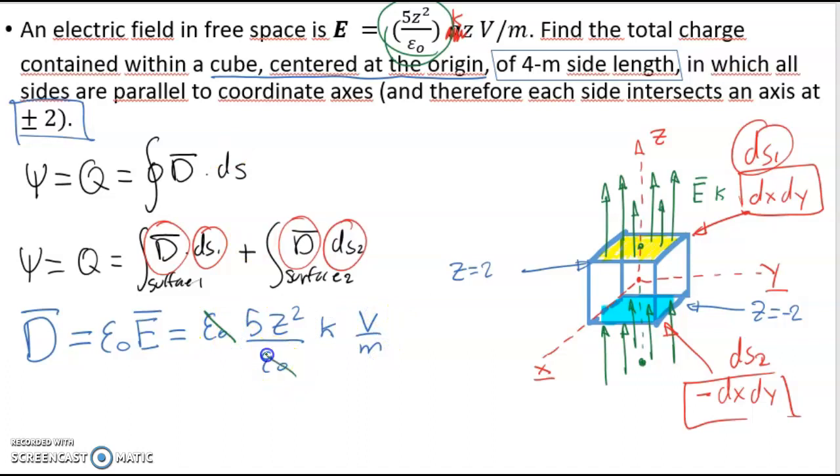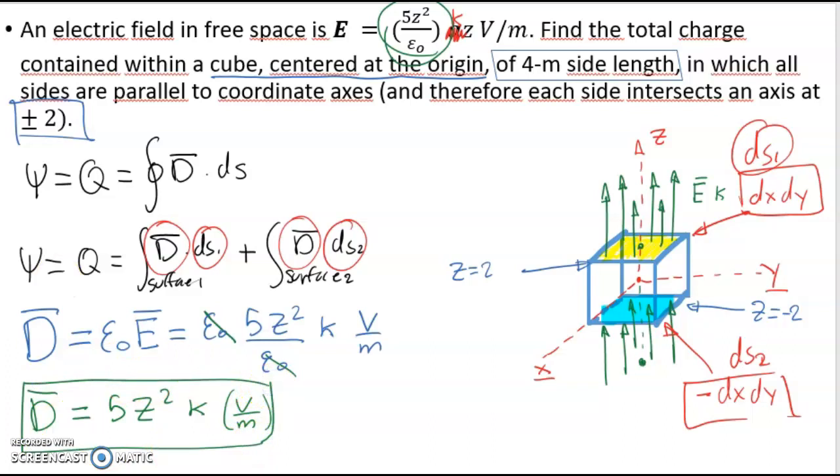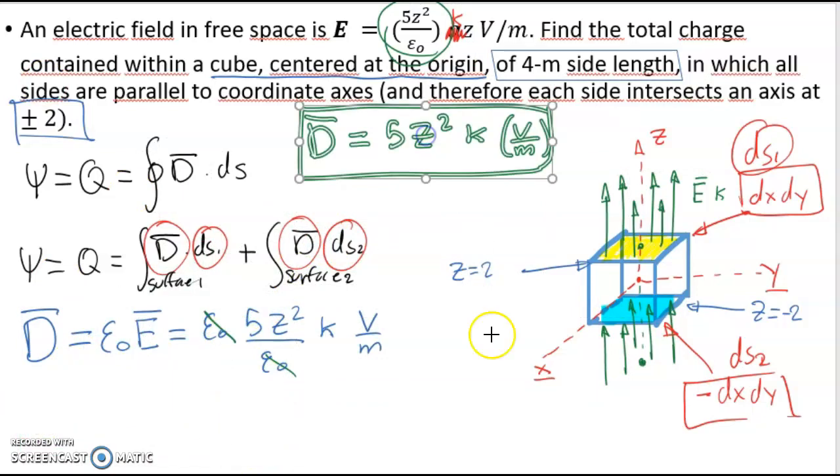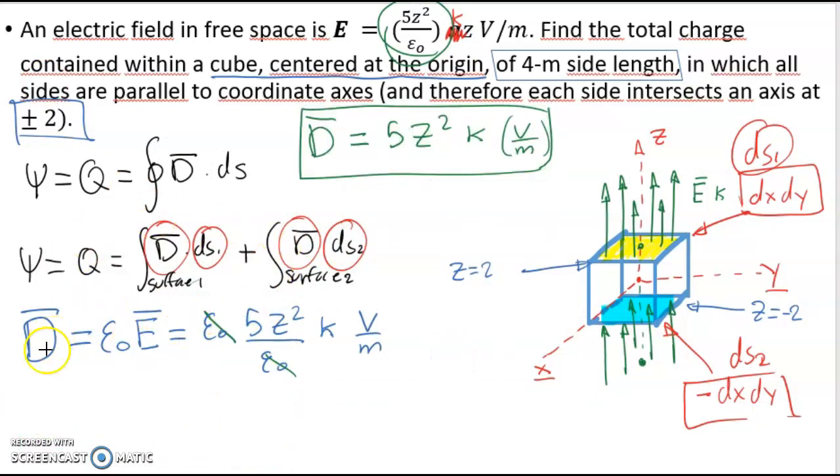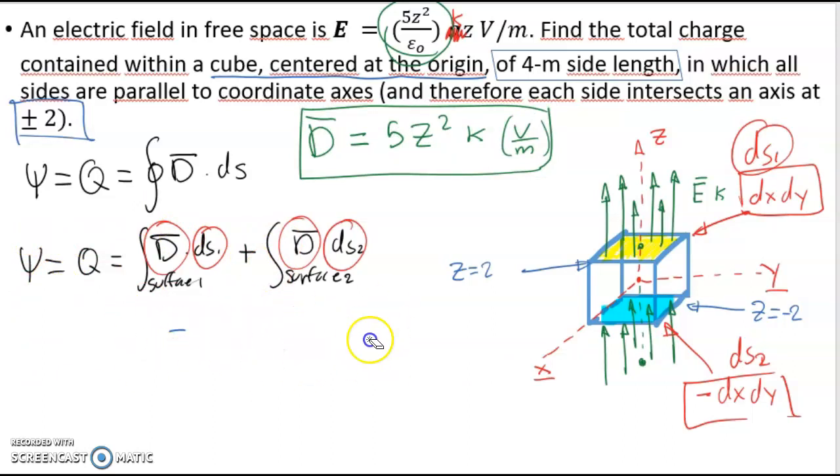That means epsilon zero and epsilon zero cancel, and we end up with a flux density equal to 5z squared in the k direction. This is the flux density we're going to integrate. We're going to replace in these two values. So we already have the flux densities.